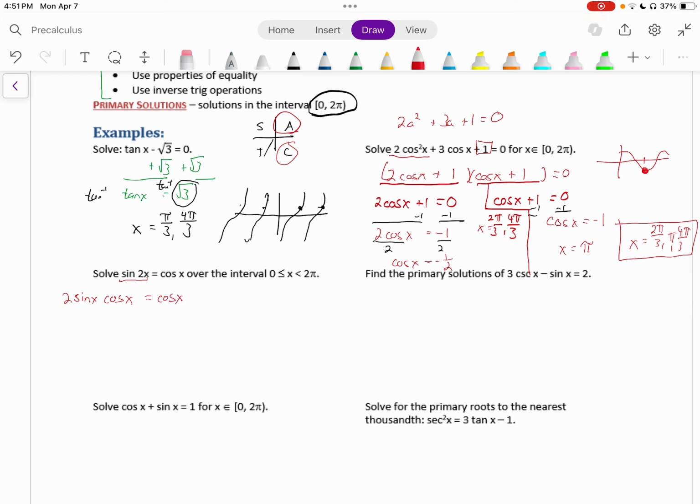And now we notice we have a cosine x in each of those. So we're going to subtract cosine x from both sides. That way we can end up factoring. So don't divide both sides by cosine x, because that would eliminate some answers.